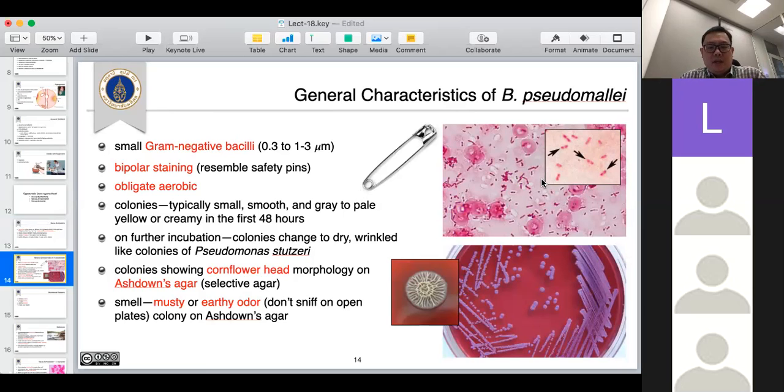The colony can grow on a selective medium called Ashdown agar. Ashdown agar's color is like this, but this is not blood agar. In Ashdown agar, the colony looks like a cornflower head. Here it is wrinkled. Okay? It smells musty, like soil after raining.